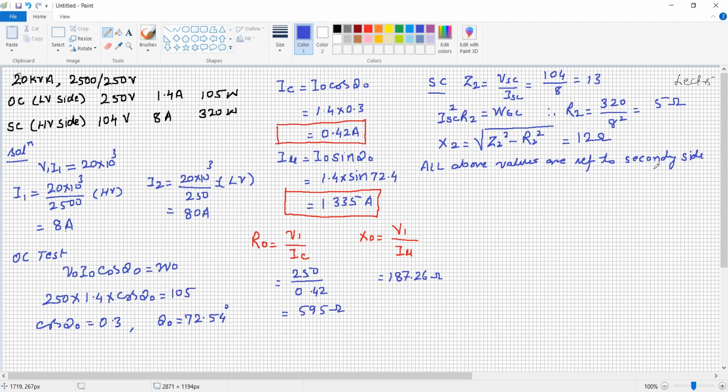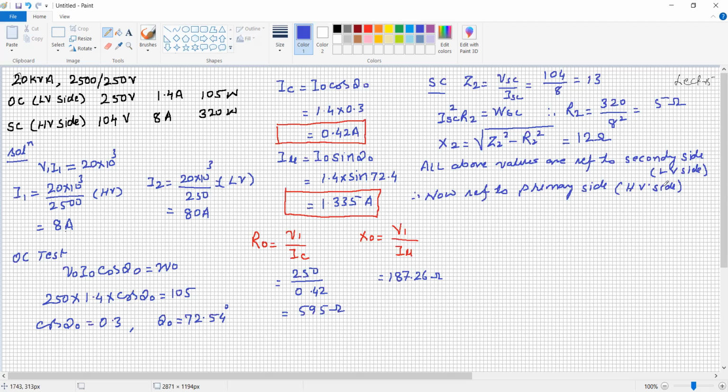Here the secondary side is LV side. Whereas the shunt parameters are found on HV side. So what we'll do, we transfer it, therefore refer to the primary side, that is HV side.